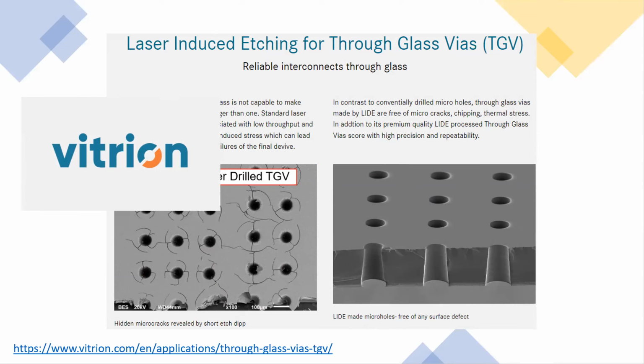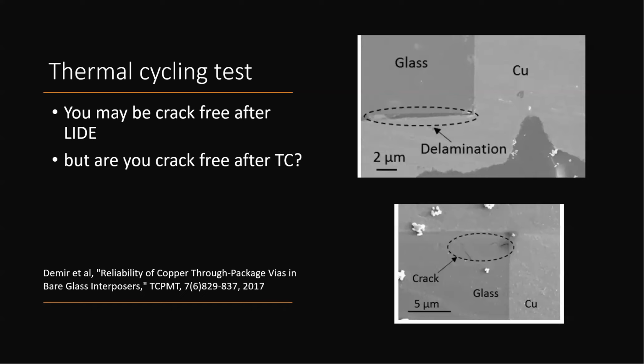But that's not the end of the story. The true story is, can you endure your thermocycling test? See, here people did experiments, this paper, Demir, they put copper right inside this glass. And then after some reliability tests, it got delamination.